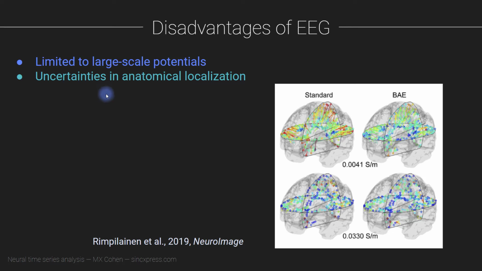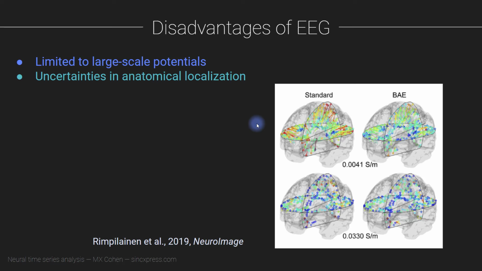Another disadvantage is that there is a lot of uncertainty in anatomical localization. So remember, with EEG and MEG, we are not actually measuring activity directly, spatially directly from the brain. It is electrical activity coming from the brain, but we measure it from outside. So it's sometimes an interesting question, where in the brain does this EEG signal come from?